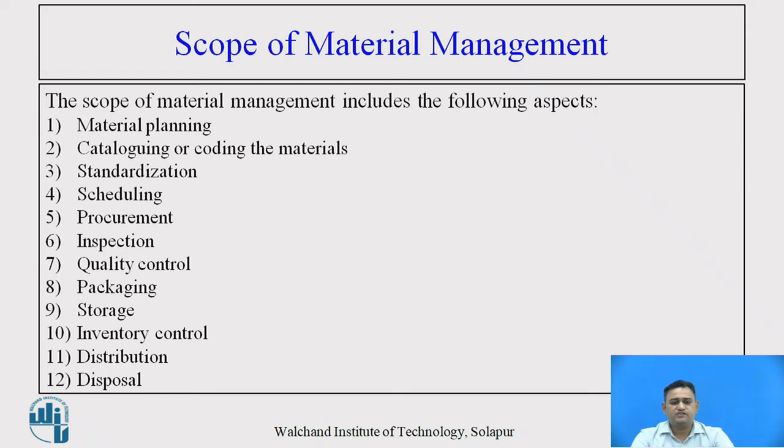Once we have come to the stage of the finished product, we have to go for the proper packing and the storing, which is much more important, because there we need to have the overall inventory control that has been started, that has to be seen properly, because the proper distribution along with the avoiding of wastage and the distribution on time are much more important. So finally, whatever the left material has been there, that has to be disposed, or you can say you have the salvage value at the end of the overall stage.